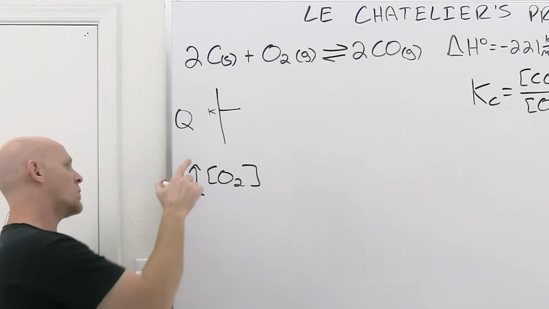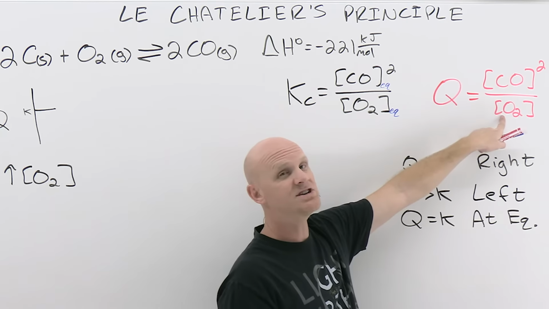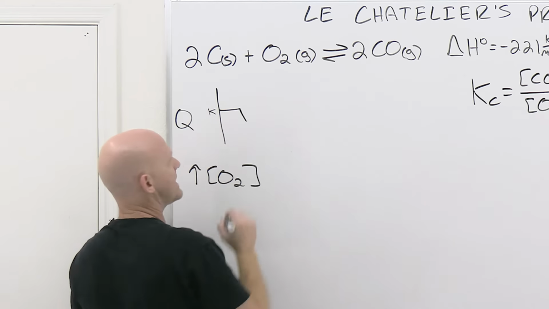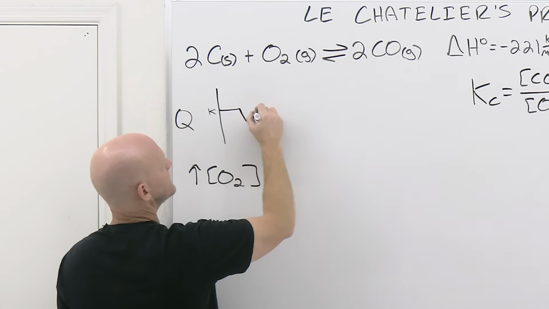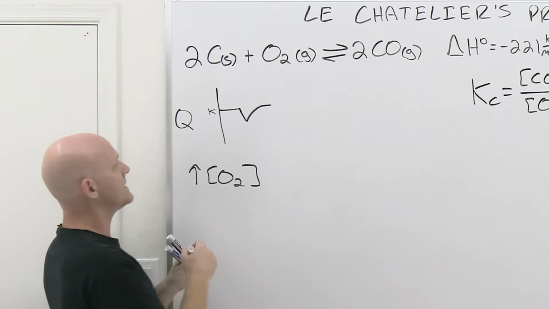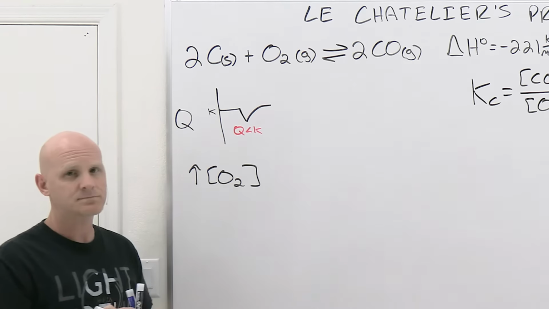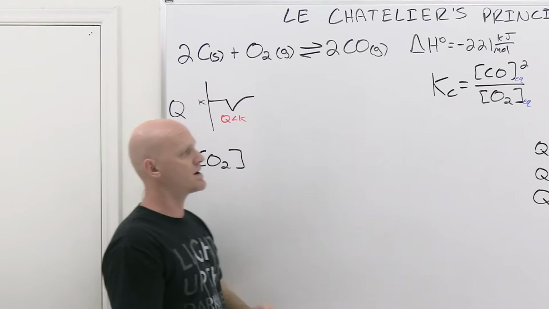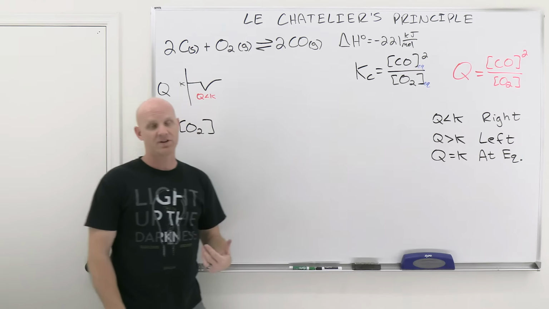And at some point in time, we're going to increase the concentration of O2. And by increasing the value of the denominator, it's going to make the overall ratio smaller. And so all of a sudden, that value just went down. And what you're going to find is that this value is going to gradually increase to get back to being equal to K. And so at this point right here, we've got Q less than K. And because Q is less than the K value, because of that stress we put on it right there, the equilibrium needs to shift to the right to get back to being at equilibrium. So that's one way to look at this.